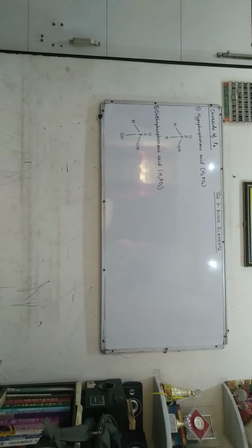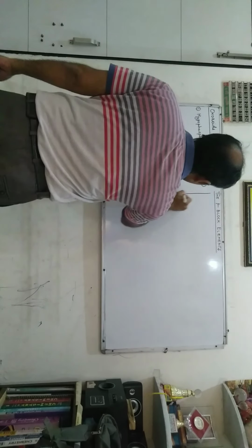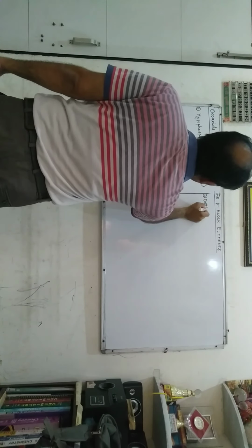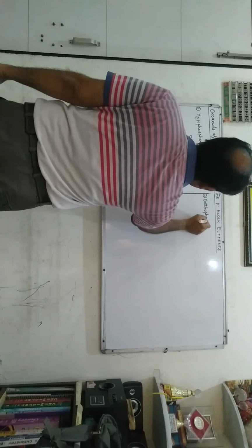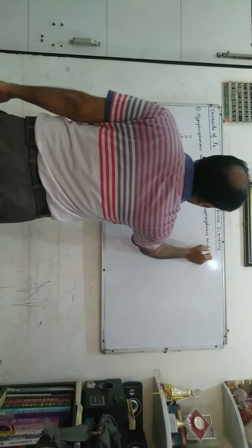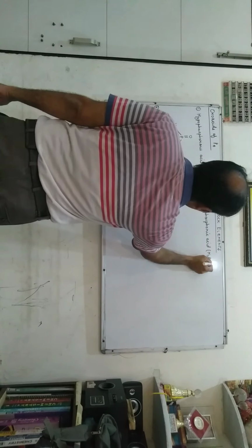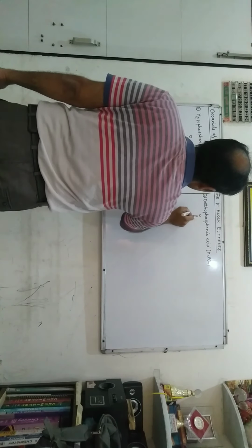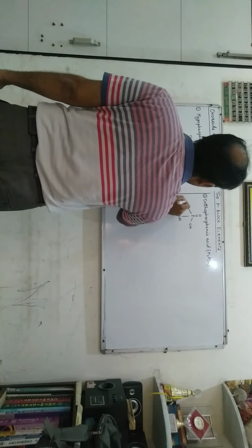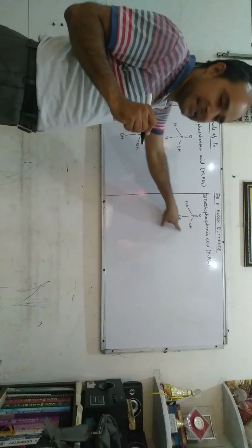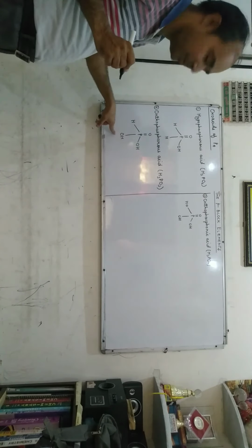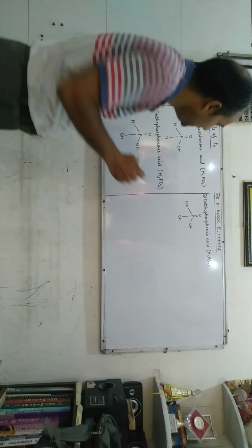The third one is orthophosphoric acid, formula H3PO4, and the structure is this. It has three ionizable H+ ions, but this one has two ionizable H+ ions, so it shows basicity 2 and this shows basicity 3.